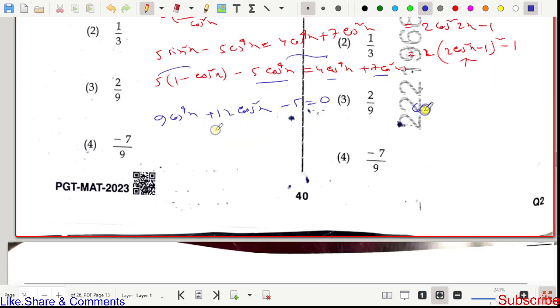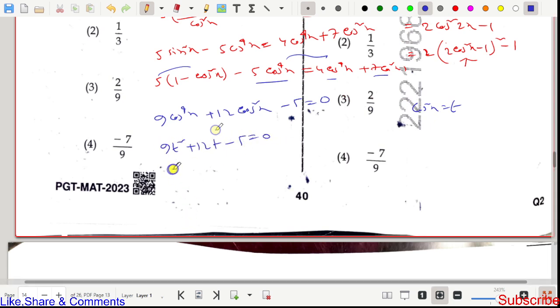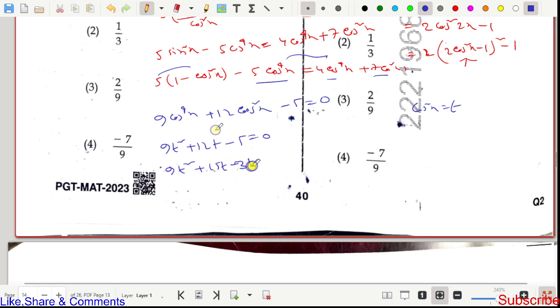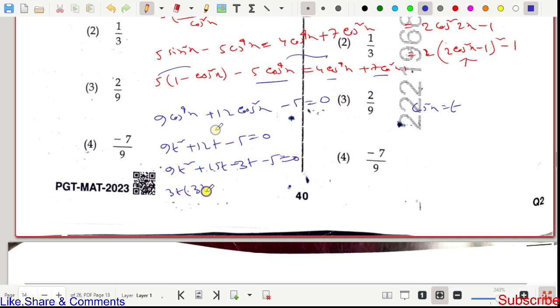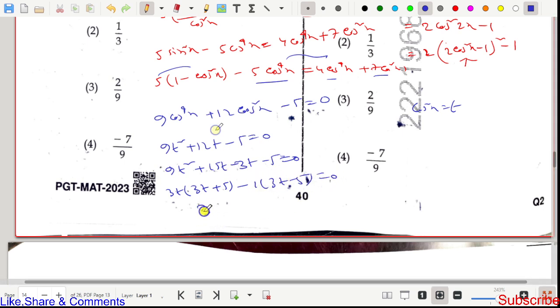So we are taking cos square x equals t, it will be 9t square plus 12t minus 5 equals 0. So we can write 9t square plus 15t minus 3t minus 5 equals 0. So 3t is common, and 5 minus 1 is common, so 3t plus 5 multiplied by 3t minus 1 equals 0.